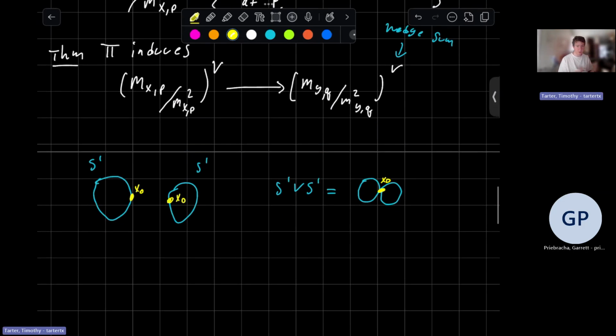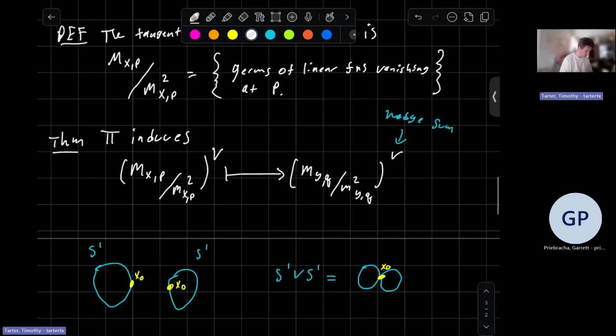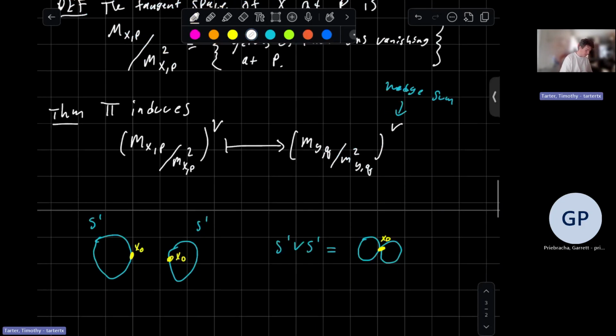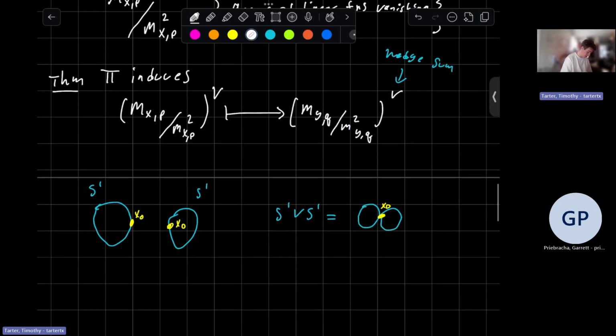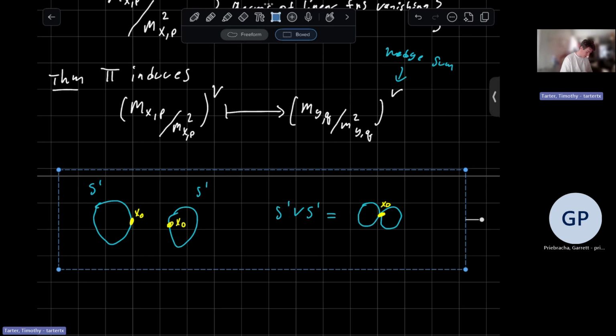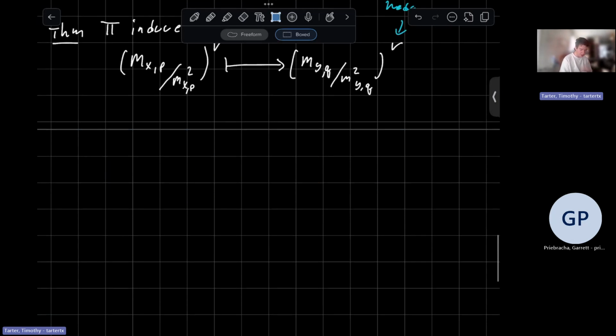And so what we're saying is that we're gluing all of the pieces of the tangent bundle at the vanishing. And so in the same way that we're able to induce things on stalks, we're able to induce things at tangent bundles. This is an algebraic topology notion, but it's nonetheless interesting.